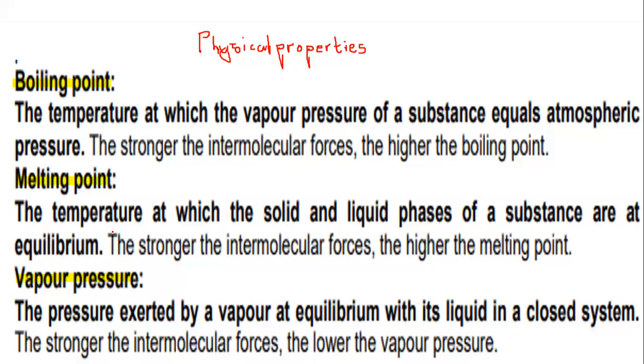Another definition that we give you in your examination guidelines for the term functional group is to say it's an atom, a group of atoms, or a bond that determines the physical properties and chemical properties of organic compounds. In other words, the functional group of an organic molecule will determine its boiling point, its melting point, and its vapor pressure, which are the physical properties.